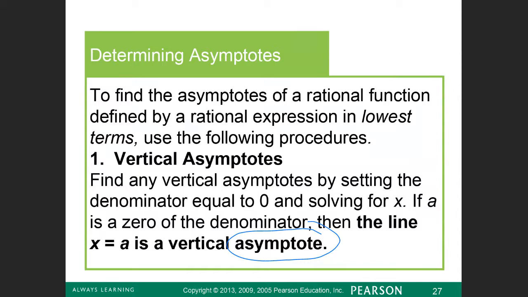Okay, so let's have an example here, finding the vertical asymptotes. Example: f of x equals 1 over x plus 1.